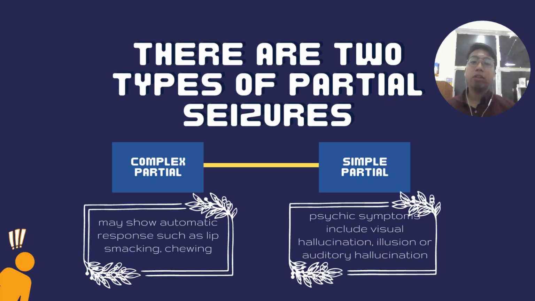Okay, there are two types of partial seizures, which are complex partial and simple partial. So complex partial may show automatic response such as lip smacking, chewing, while simple partial can happen having psychic symptoms including visual hallucination, illusion, or auditory hallucination. Can also appear as nightmare awakening, which is why partial seizures are not like general seizures.